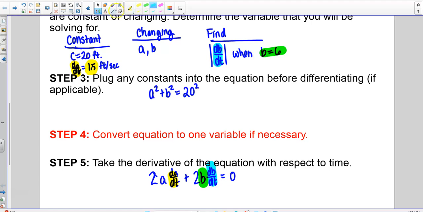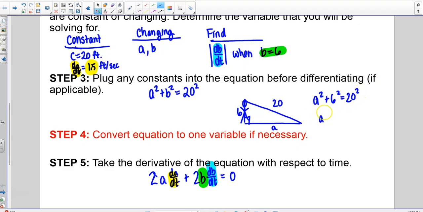Plug it into the original equation, because we are only concerned with this particular instant where we know that B is 6 right here. The ladder has hit Adam on the head, right? Poor Adam. I don't know what A is, but I do know that the ladder's still 20 feet long. That's the time that we're looking at, that we care about. Well, if I've got that triangle, it is very simple for us to find A, right? It's just A squared plus 6 squared equals 20 squared. So A squared plus 36 equals 400.